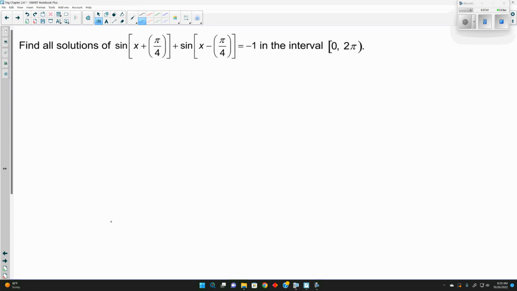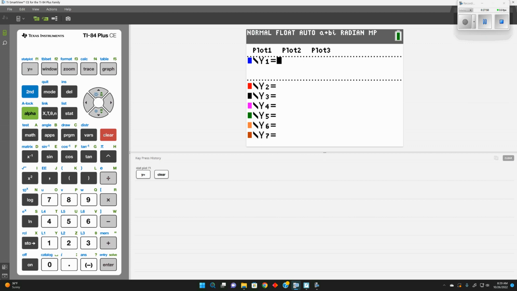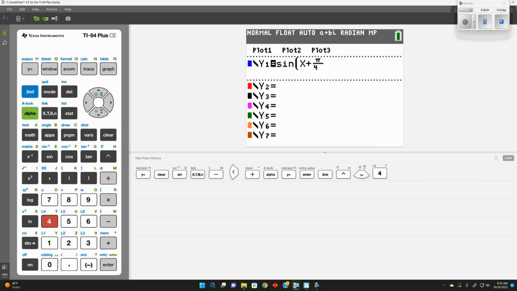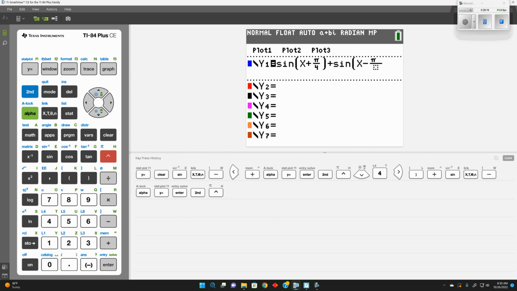And again, there's nothing preventing us from typing this into the calculator. So on the calculator, we get y equals sine of x plus pi over 4, plus sine of x minus pi over 4 is what we had on the one side, yes?